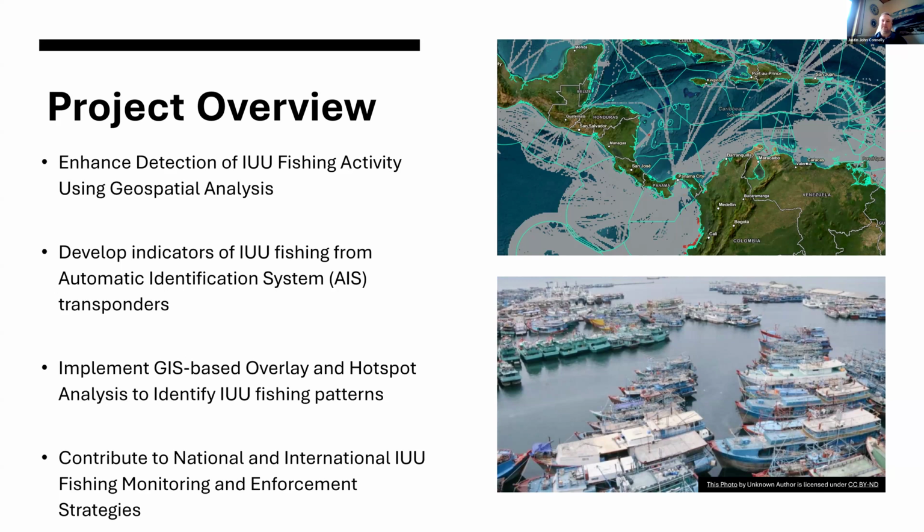The techniques that I focus on are, like we just heard in the previous presentation, using hotspot analysis. And that really is key because there's so much data. If you look at the top right graphic, it's billions of points globally published each year that show fishing activity tied to a specific vessel.